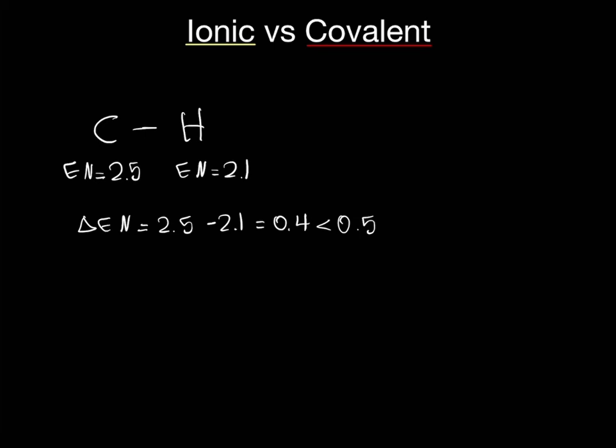So therefore, this bond is going to be a nonpolar covalent bond. So this tells you that every time you see carbon and hydrogen bonded to one another, it is going to be a nonpolar covalent bond. And if you have a molecule which only has carbon and hydrogen, it is not only going to have nonpolar covalent bonds, it's also going to be a nonpolar molecule.